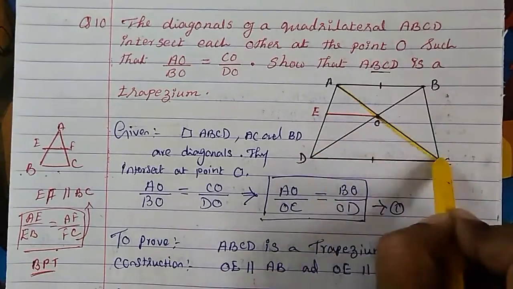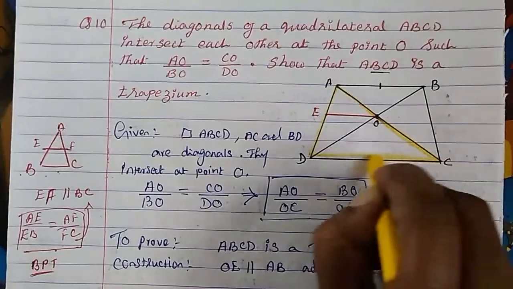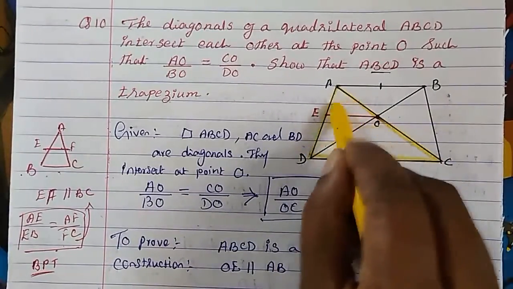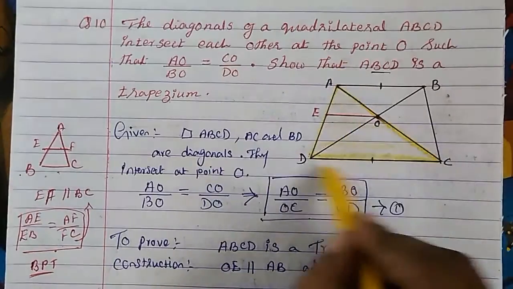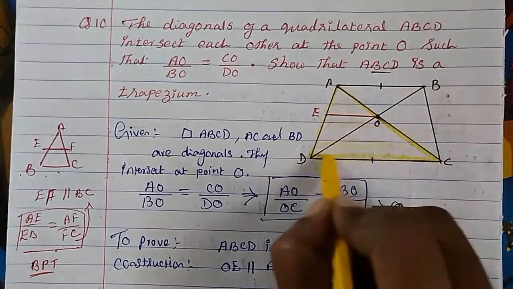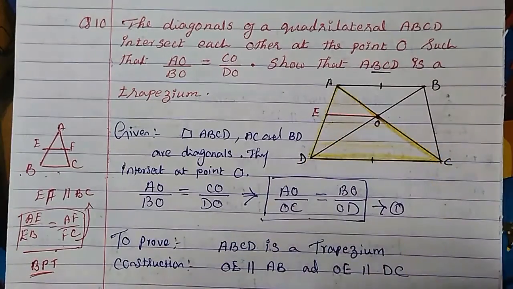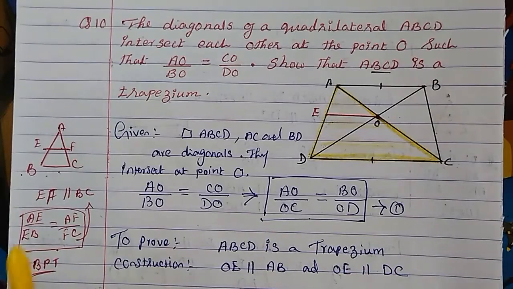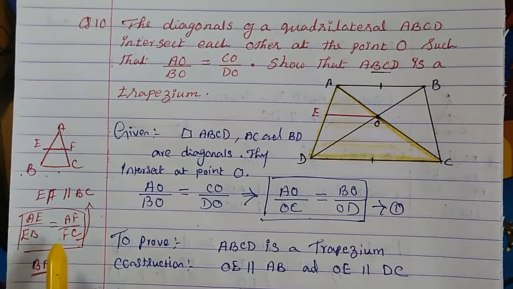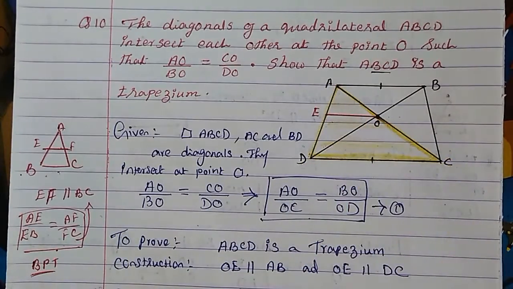So if this is parallel, this becomes our triangle. Okay, so in this triangle, we have constructed this parallel to DC, so can we say these ratios are equal, because the basic proportionality theorem says if the lines are parallel, then the ratios are equal. So that's what we are going to write down.